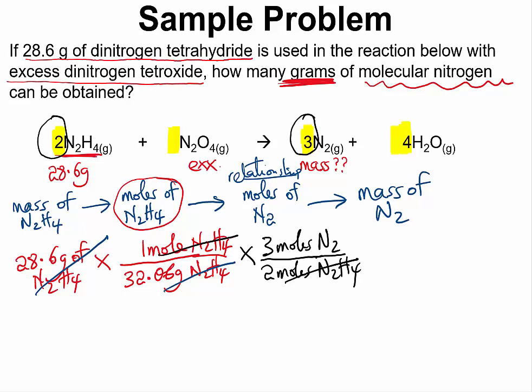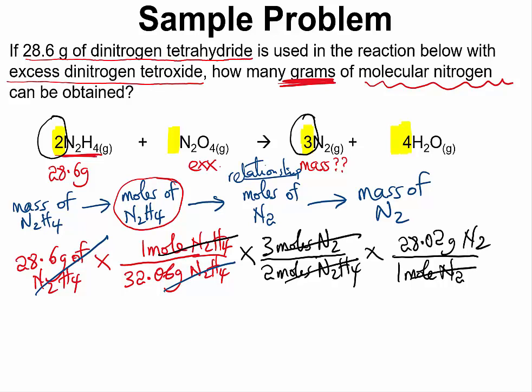Moles will cancel out. Now we have calculated the moles of N2. All we need to do now is to convert the moles of N2 back to the mass of N2. And using the periodic table, you will find that 1 mole of nitrogen gas will have a mass of 28.02 grams. So moles will cancel.